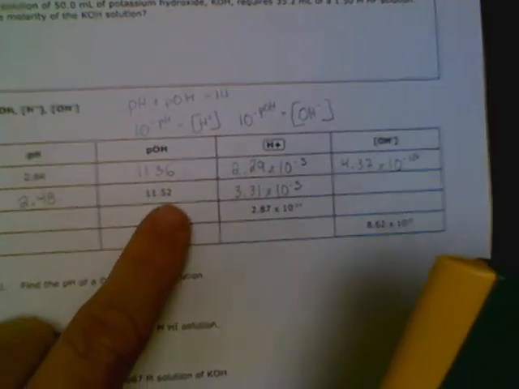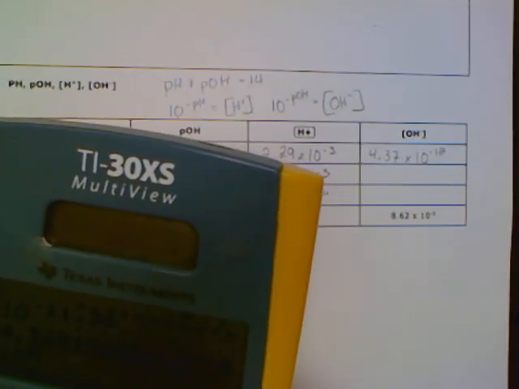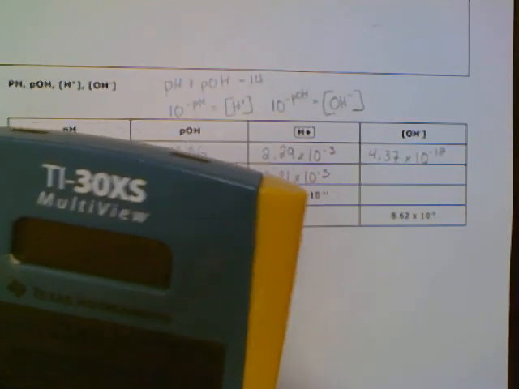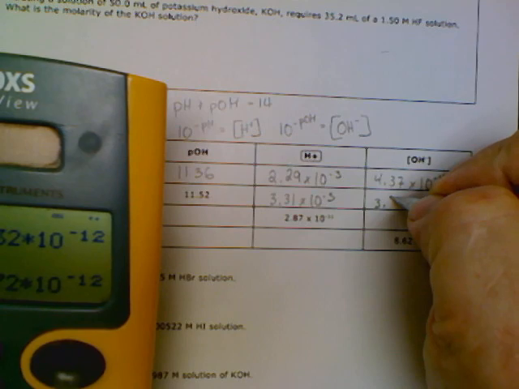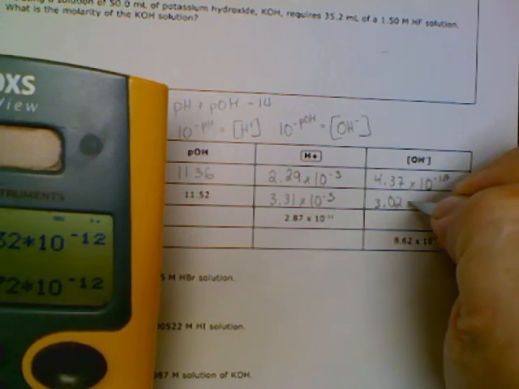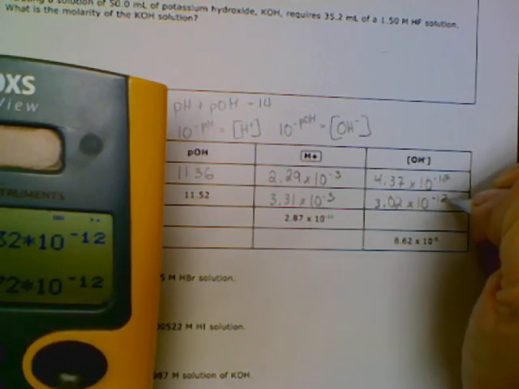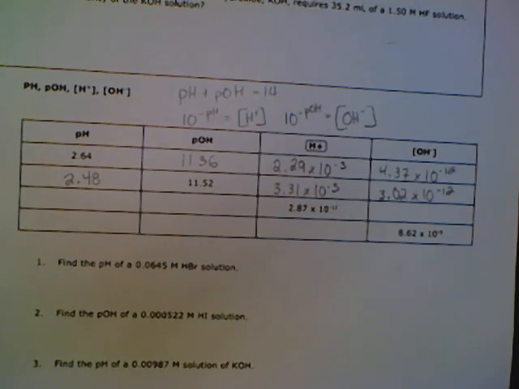And then I'm going to do the same thing with 11.52. I'm going to take 10 to the negative 11.52 power. That gives me 3.02 times 10 to the negative 12th concentration for that one. Okay, so that's the first two lines done.